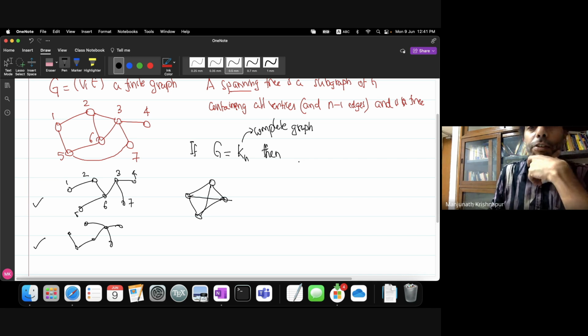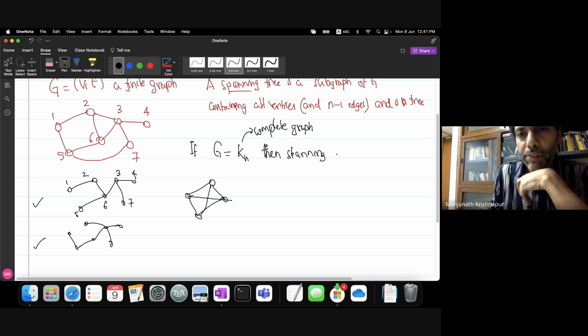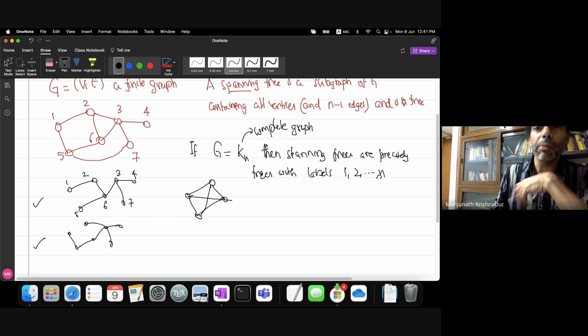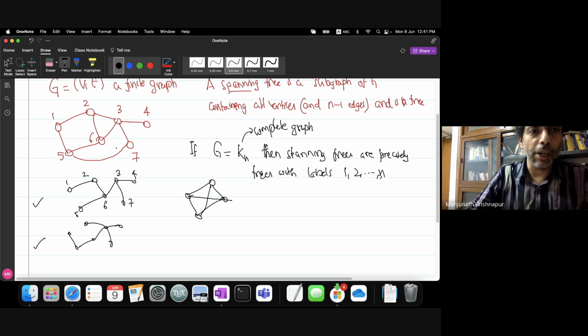Then spanning trees are precisely trees with labels 1 to n.